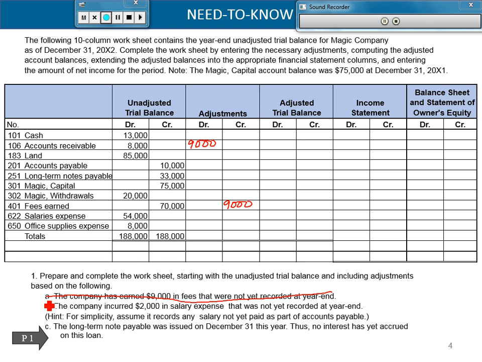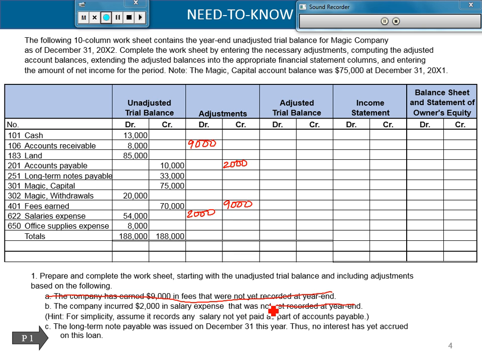Accounts payable, because they said here in the hint, for simplicity, assume it records any salary not yet paid as part of accounts payable, right? So salaries expense increases by 2,000, so we put it on the debit side, and accounts payable increases, because it must be paid. 2,000 on the credit side, good.